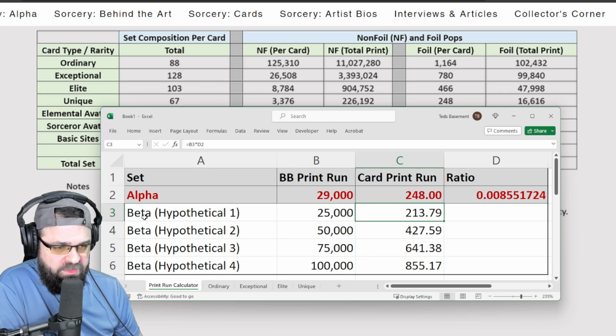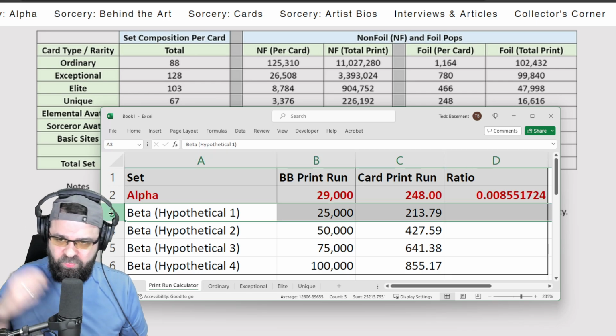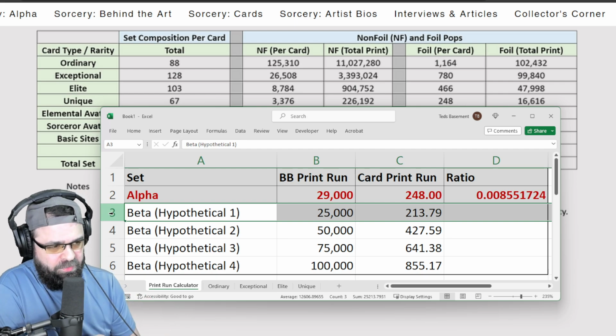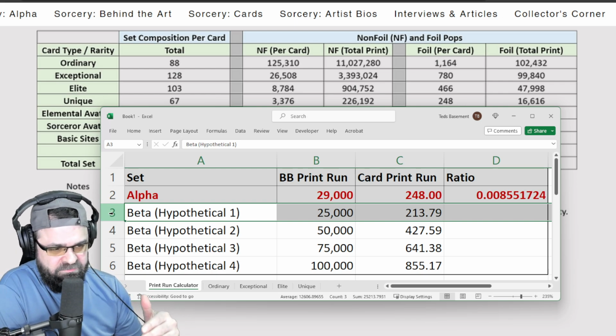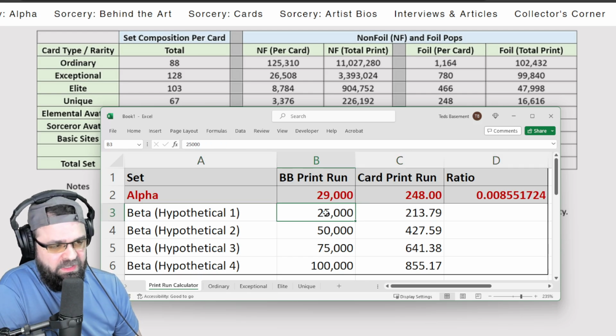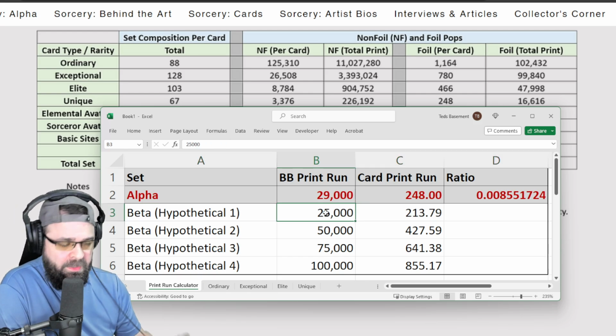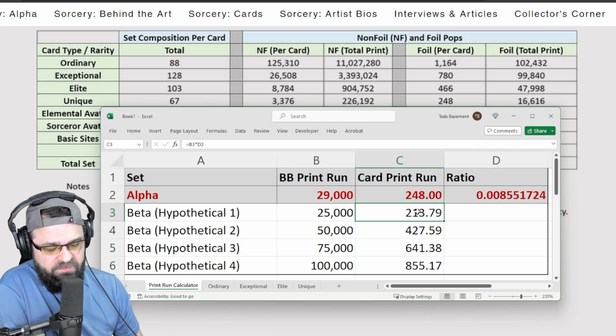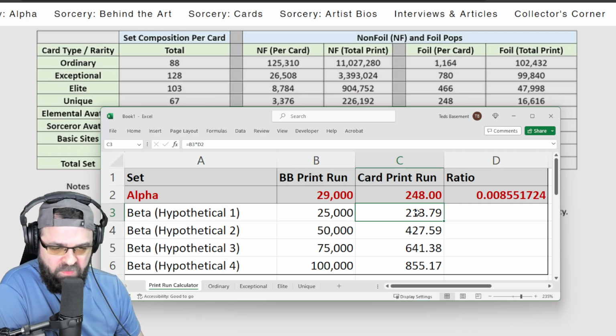And then, as you can see here on row number 3, this is my beta hypothetical number 1. It's really just for sanity checking because I have a feeling that beta is not 25,000 and that beta is larger than alpha. But for the sanity check, I wanted to see what the foil print run would look like.